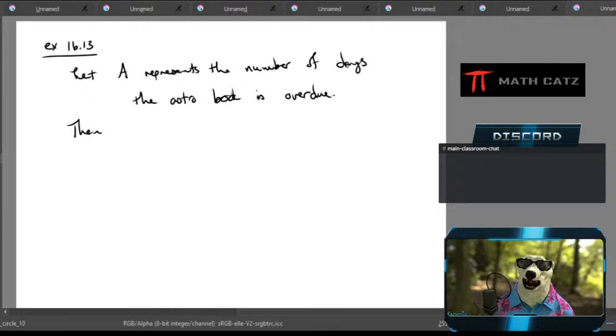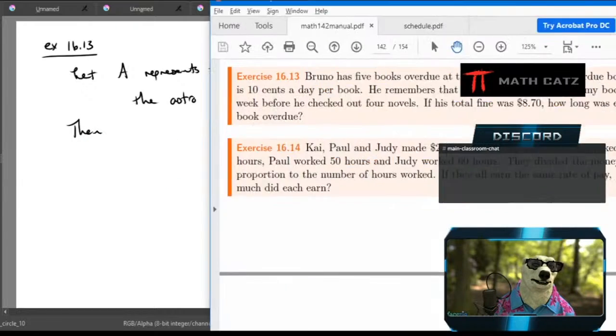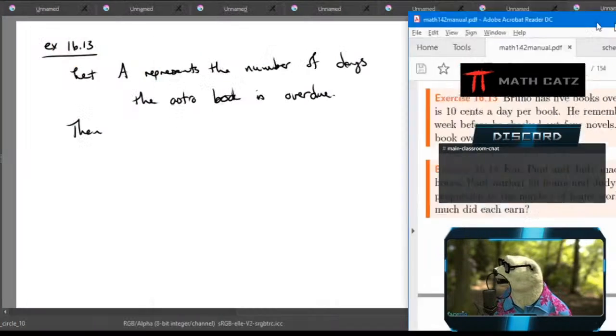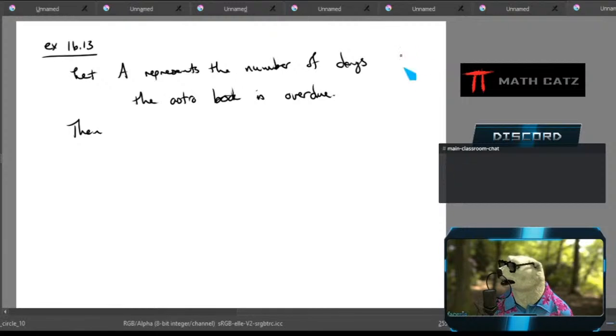Then, of course, I have novels as well. Bruno has some novels, and they say that he checked out the astronomy book a week before he checked out the novels. So he had the astronomy book 7 days longer than the novels, so the number of days that the novels will be overdue is going to be less.